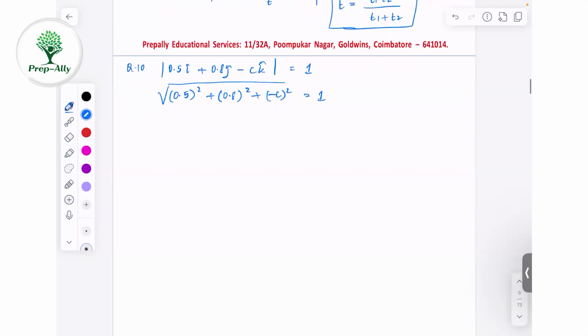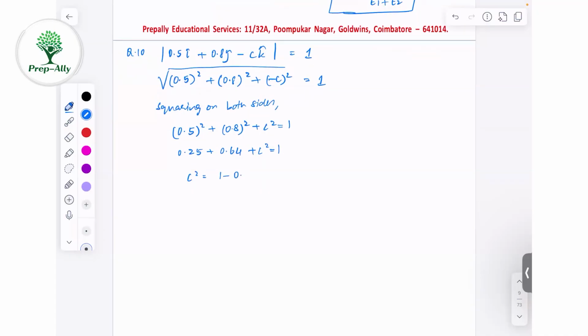Or we can square on both sides. We get 0.5 square plus 0.8 square plus C square is 1. 0.25 plus 0.64 plus C square is 1. So C square is 1 minus 0.25 minus 0.64, and this value is 0.11. That gives us C is 0.11 under root. That is the magnitude of the constant C.